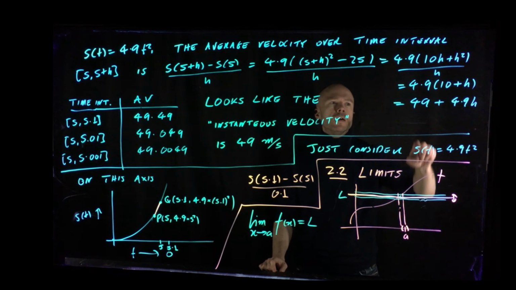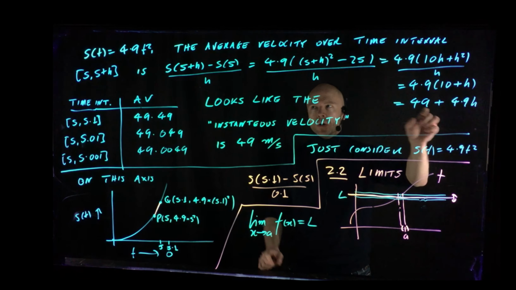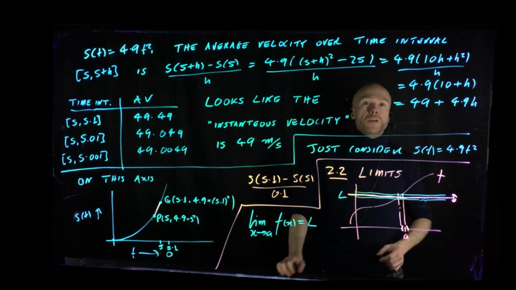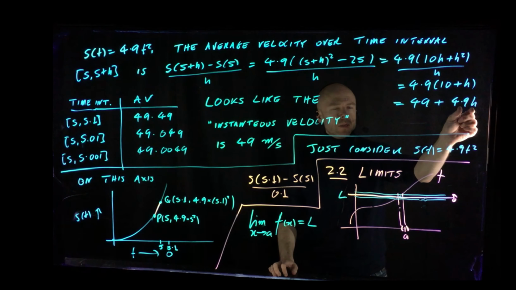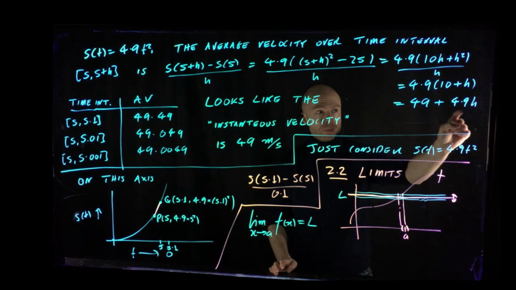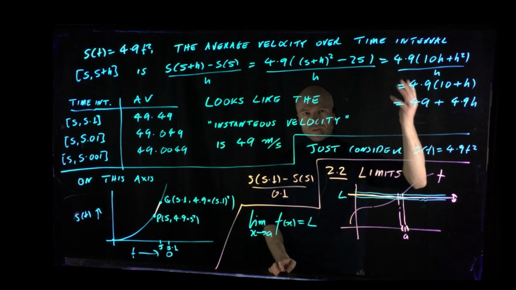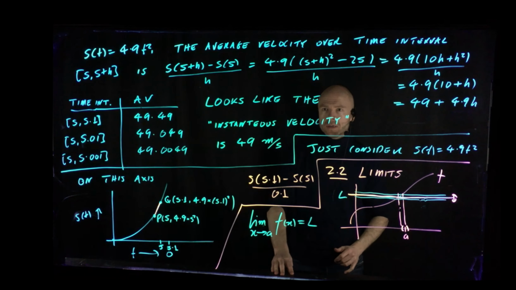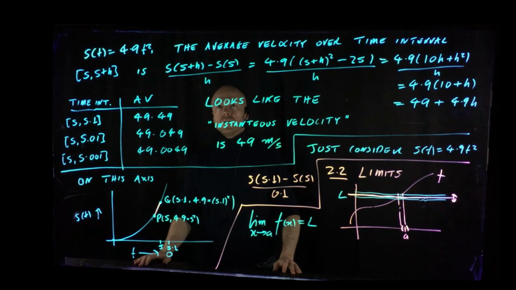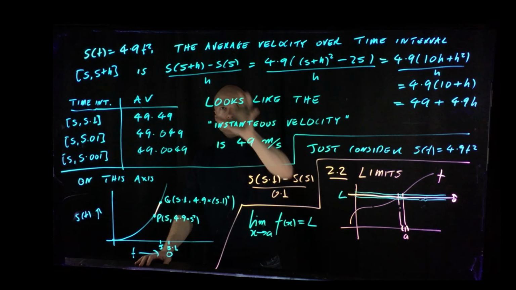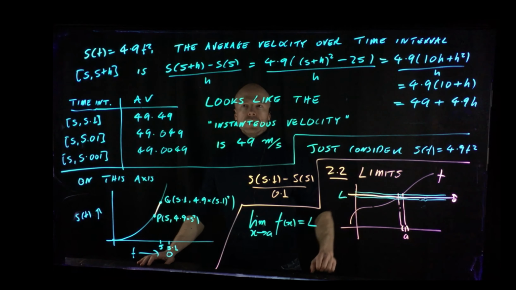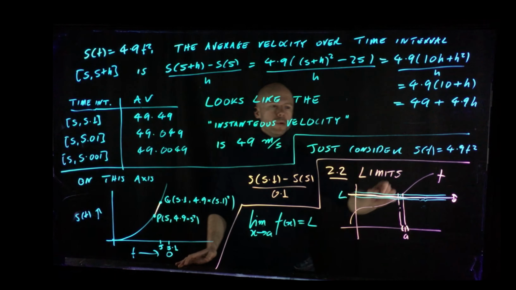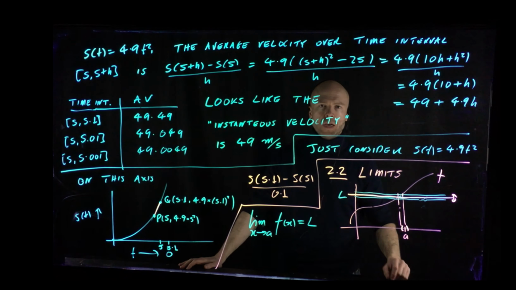No matter how tiny an error you want between this number and 49, you can get within that precision by insisting that h is small enough, because the only difference is 4.9 times h. So in this particular case, and it's jumping forward a little bit, we could actually show in a precise way that this limit exists. So this quantity represents the function as a function of h, and L in this case is 49.